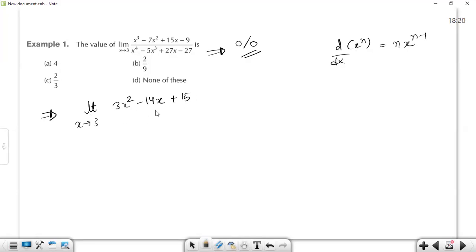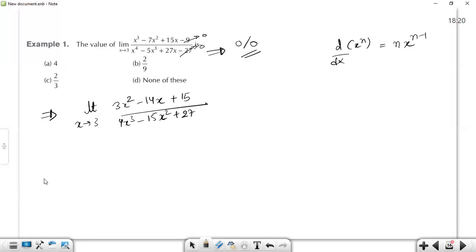Very good. And for the denominator, it will be 4x cube minus 15x square plus 27, and minus 27's derivative will become 0. Its derivative will become 0 because they are constant with respect to x.